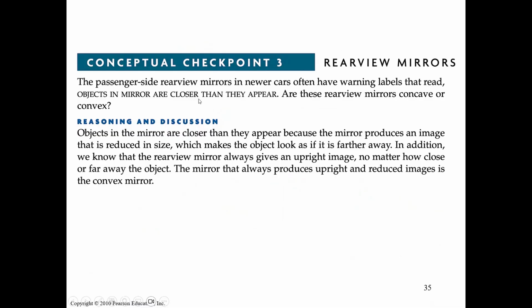In other words, the image looks small, so the object appears as if it is far away from us. So those mirrors are actually convex mirrors. In convex mirrors, we form an upright image that is smaller than the object, so the image appears further away from the mirror.